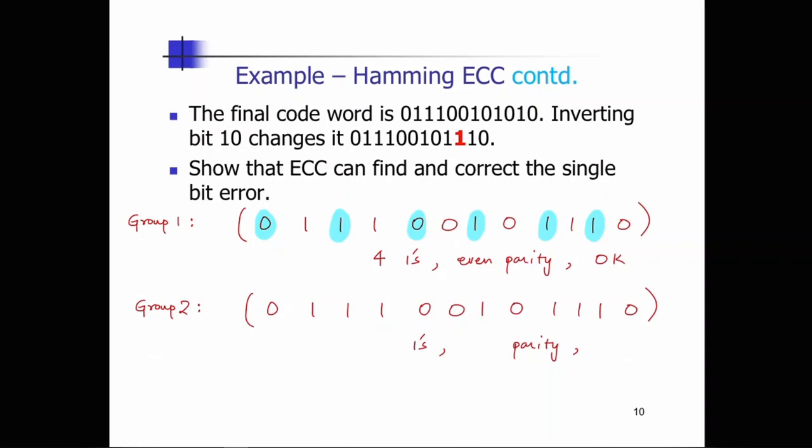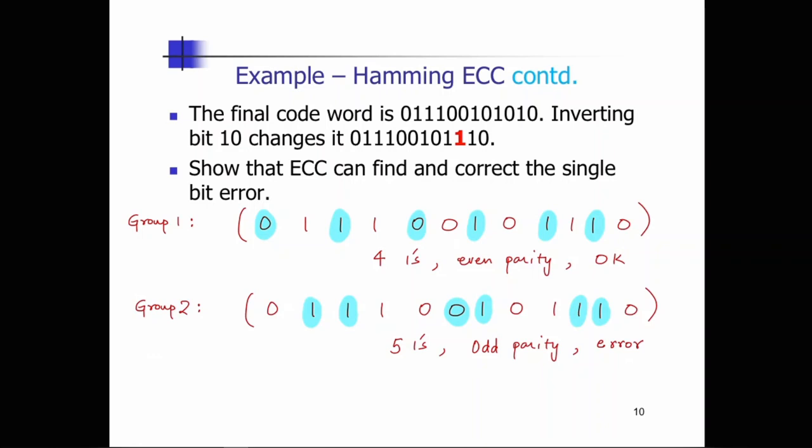So I will highlight that as let's see, there 2 3, then 6 7, and then last 2 there, 10 11. In this case I've got 1 2 3 4 5 ones, which means I have odd parity. That means I have an error in group 2.